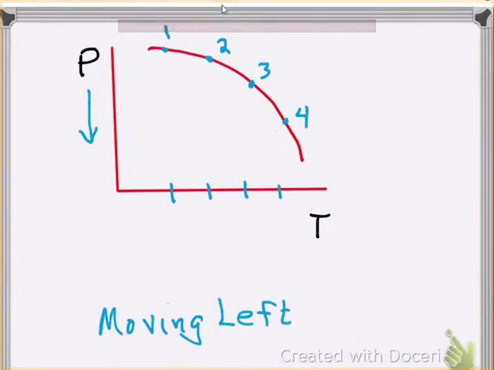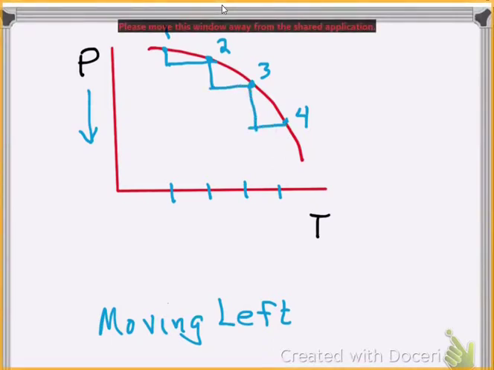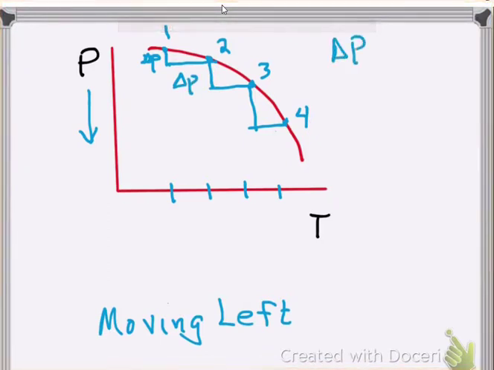Okay, so now let's draw in our steps. And if we went one position further, to say position 5, I'm not going to do that. Okay, all right, so now here you should be noticing that the delta P is starting off small, and when I say delta P, that's the vertical change on this graph.